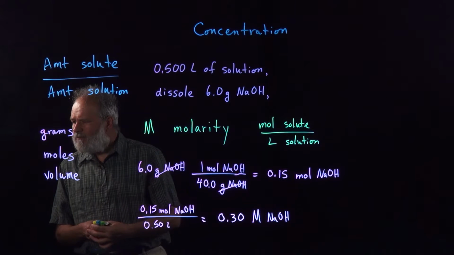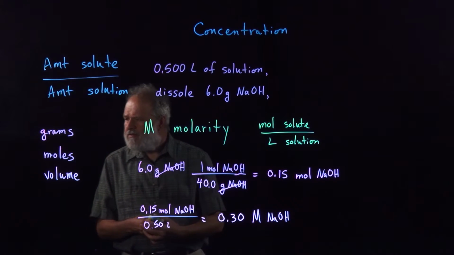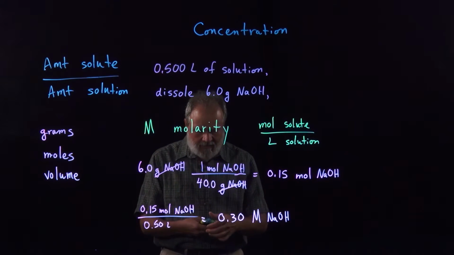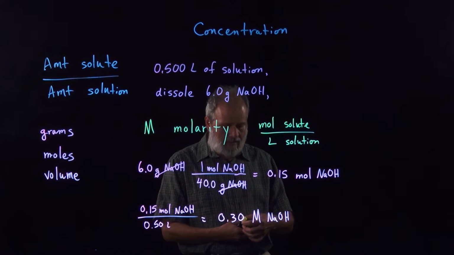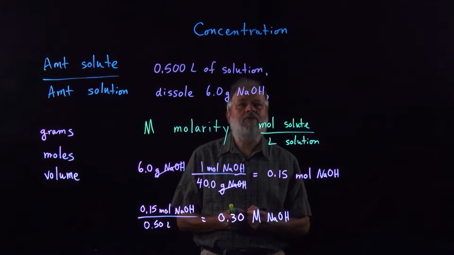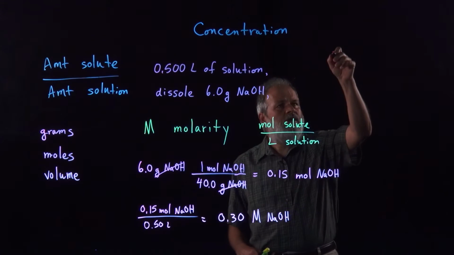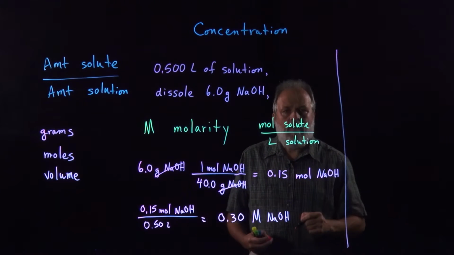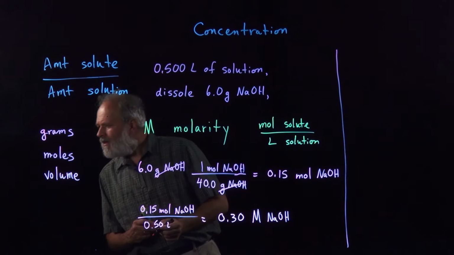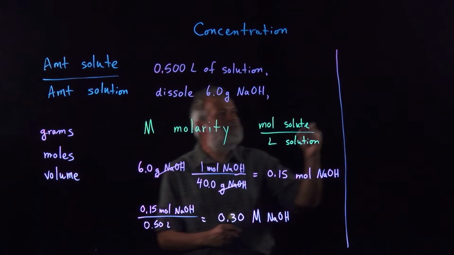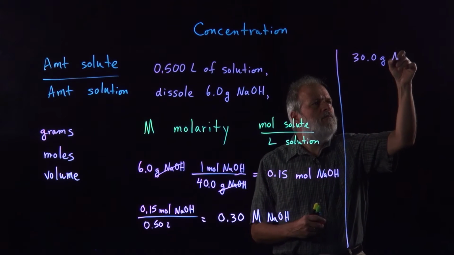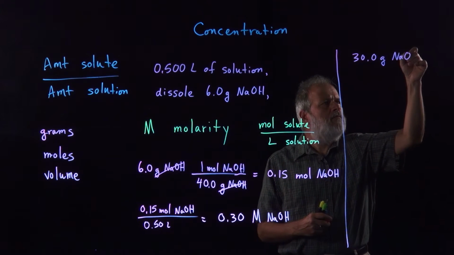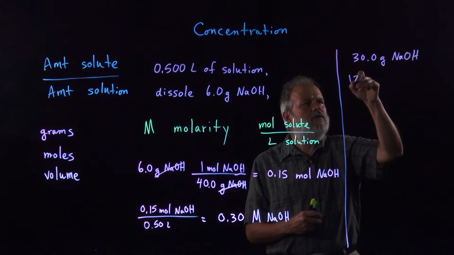Okay, so let's look at sodium hydroxide and water again, but this time we're going to use some different units and different quantities. So let's see, weight percent. Let's mix 30 grams of sodium hydroxide and 120 grams of water.